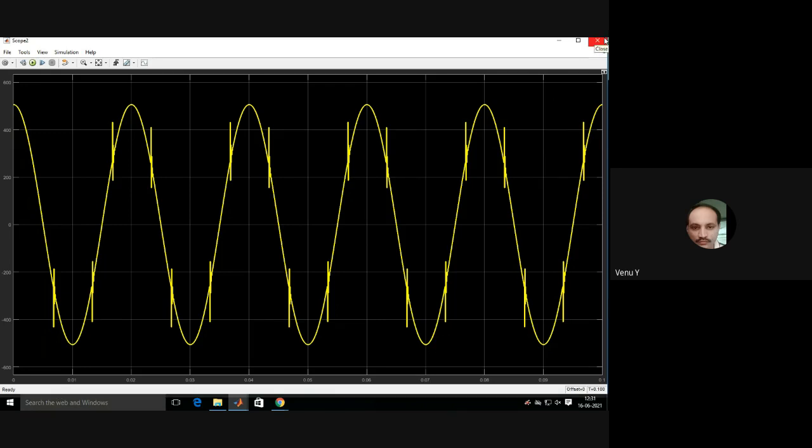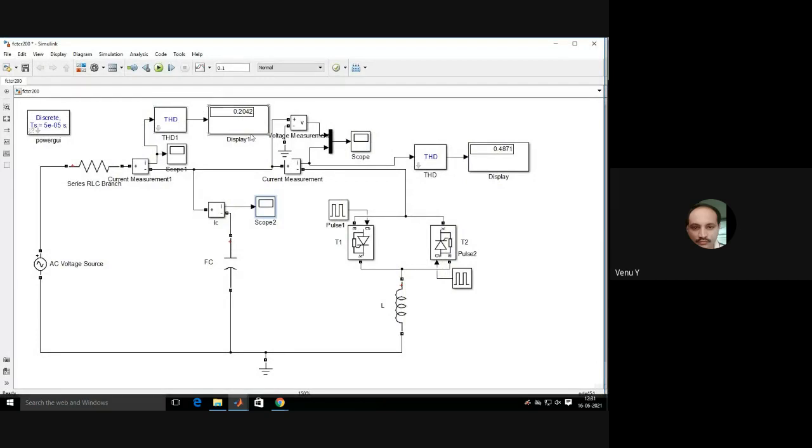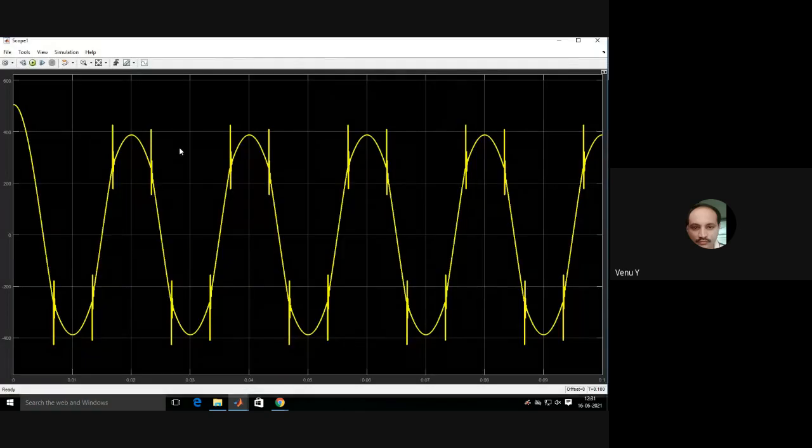So this is the IC, and this is the total current I through the line. This is the FC single phase FC TCR type SVC.